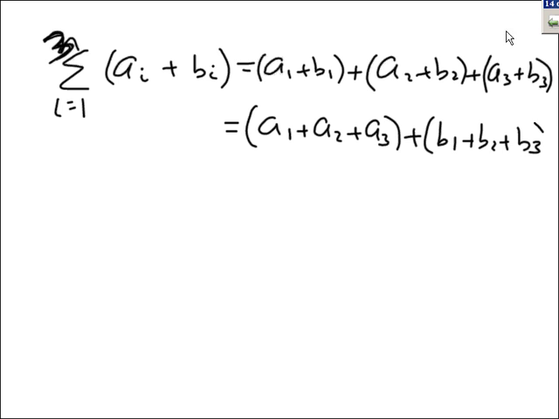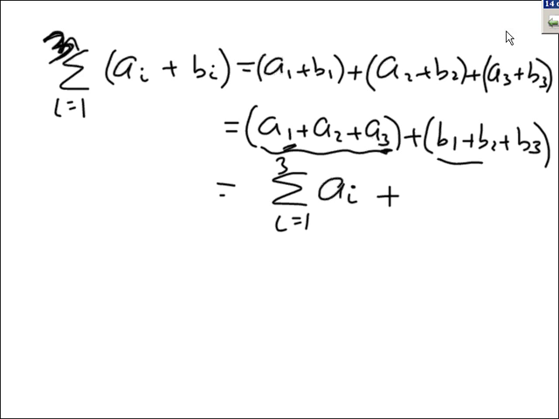And then I say, you know what's in here is the summation of a sub i's as i goes from 1 to 3, plus, those are all b's and they're being added, so a summation symbol of b sub i, i goes from 1 to 3.